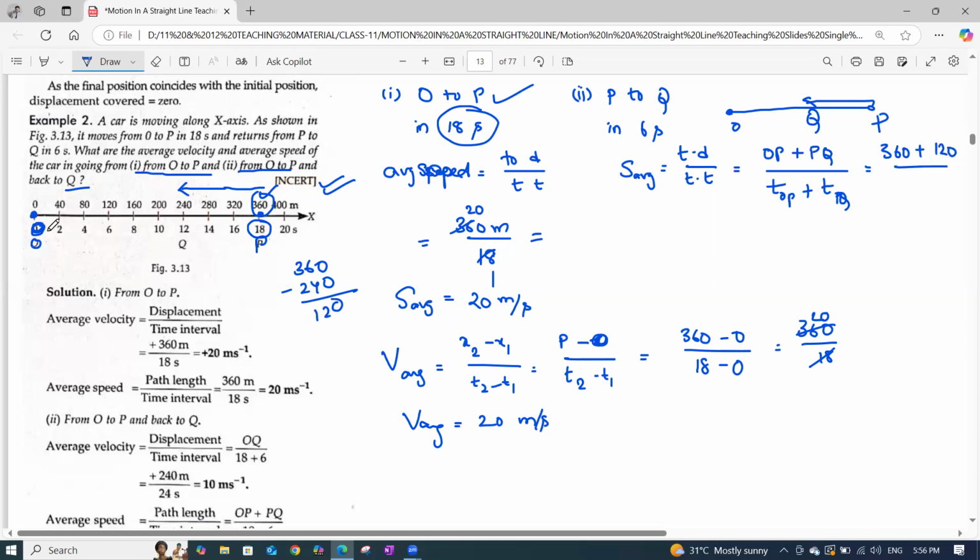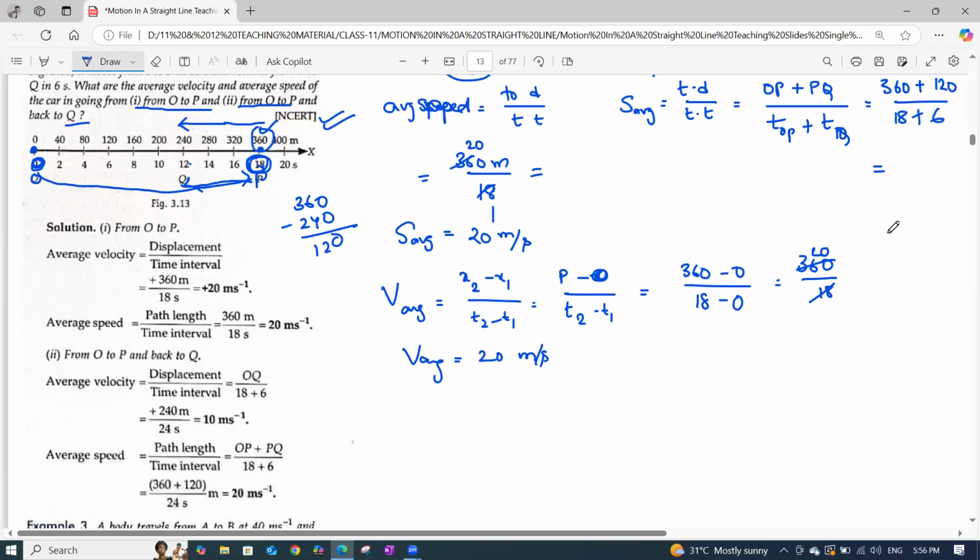Now, you see from here to here, it has taken 18 seconds. Again, from here to here, it is 18 minus 12, so it has taken 6 seconds. That is equal to 360 plus 120, which is 480.